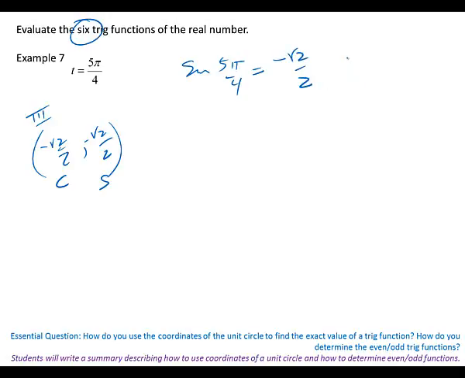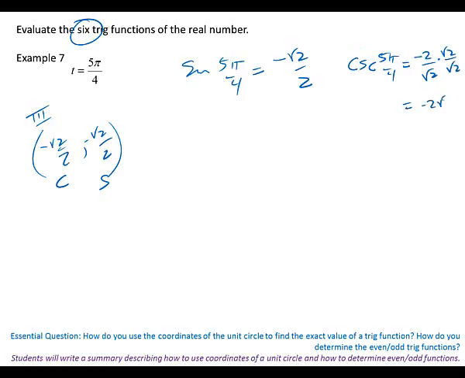And if I've got to do all 6, what do we get very easily from the sine? Cosecant. All right, of 5 pi over 4. So I have to flip the reciprocal, so I get negative 2 over square root of 2. And we're going to rationalize these.